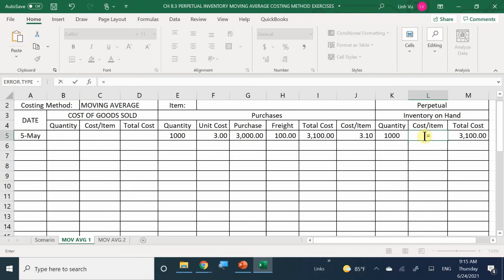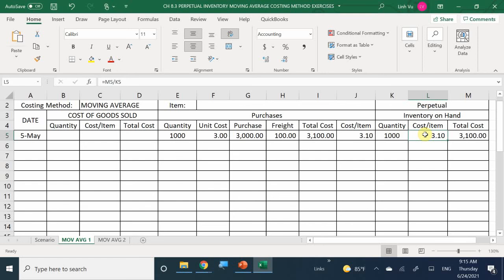Every time I make a sale, it's going to recalculate for me. Once again, the formula is standard throughout everything. It's going to be my total cost of 3,100 divided by my total quantity. And there we have it, $3.10, like we've mentioned before. That's exactly what we solved in this section here.